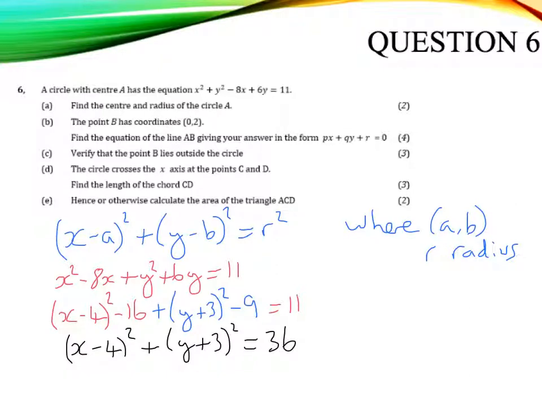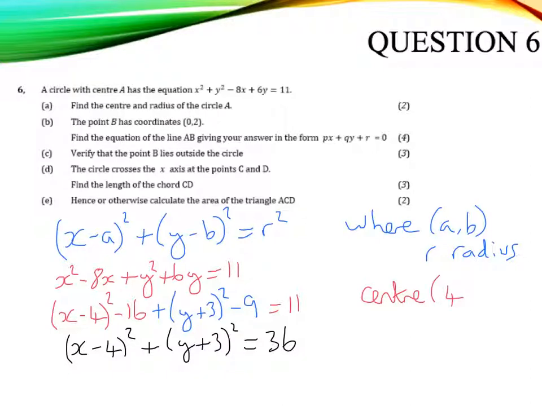Now what we were aiming for was something in this form: (x minus a) squared plus (y minus b) squared is the radius squared. So in order to work out the centre of my circle, we need to look at these terms. This was minus 4, so my x coordinate of the centre is going to be 4.